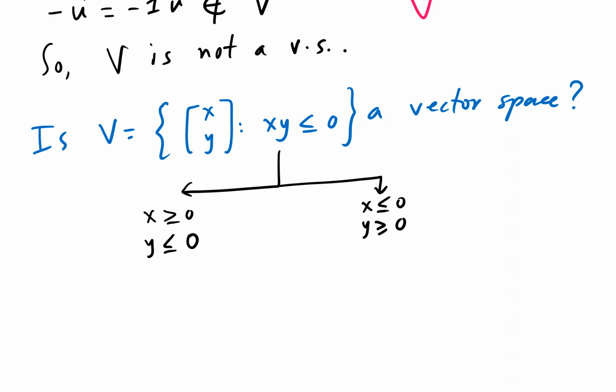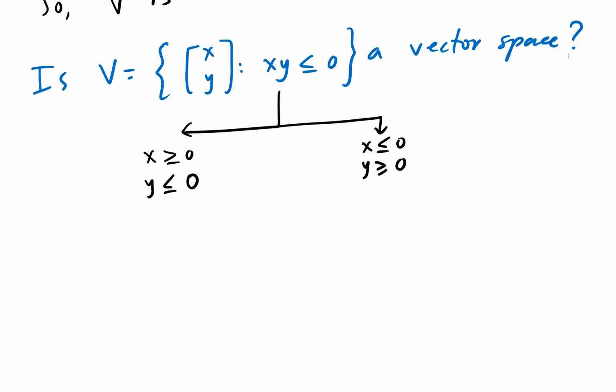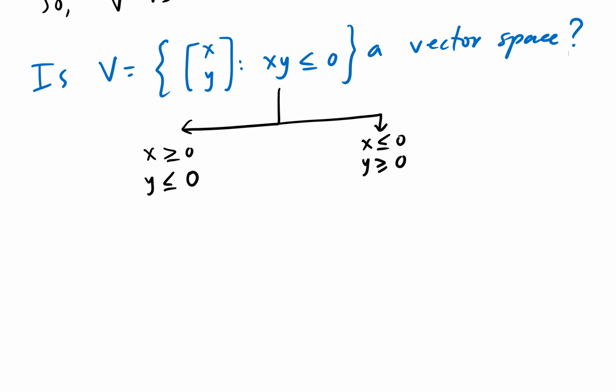So how do we check? How about the closure? You can start step by step. Take a vector u, x1, y1, and v, x2, y2.